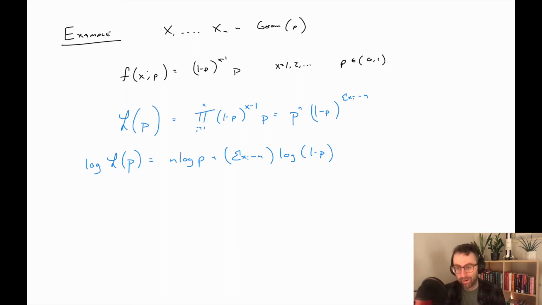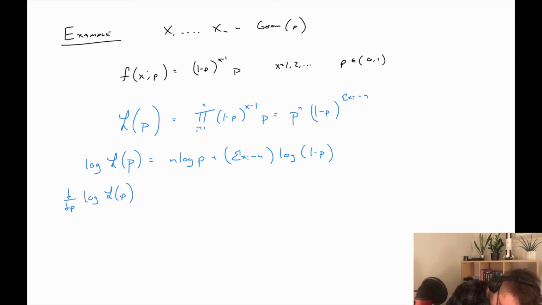I'm only going to do part of that process. At this point I should claim victory and be like, well, statistics is done, math is happening, but just for the sake of completion, I'll take a derivative with respect to the parameter, which I believe is something like n over p. There's going to be a chain rule minus here, and then sum of the xi minus n over 1 minus p.